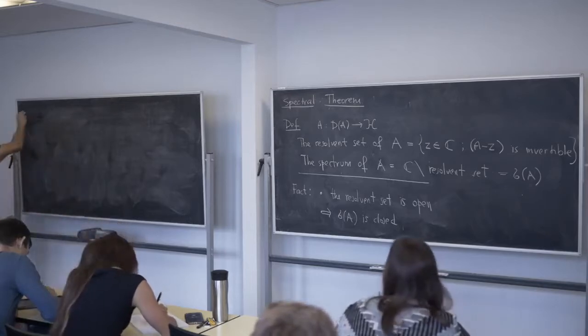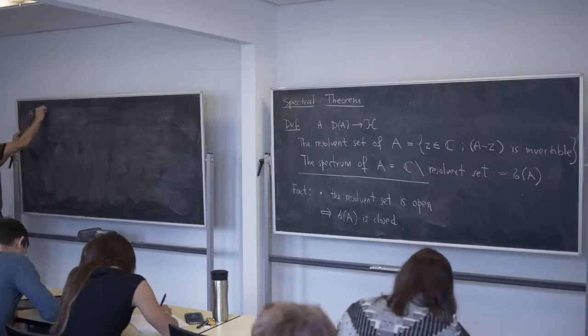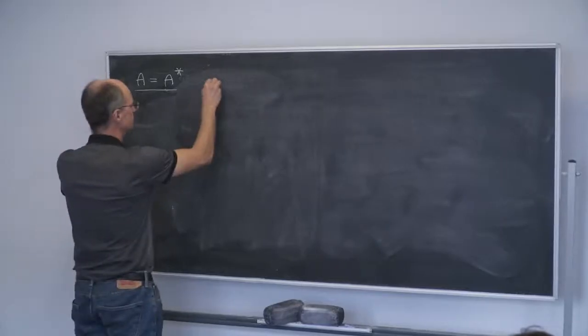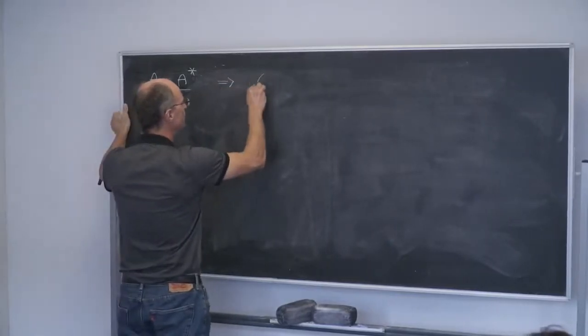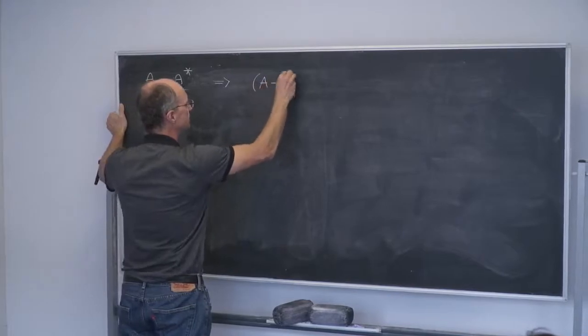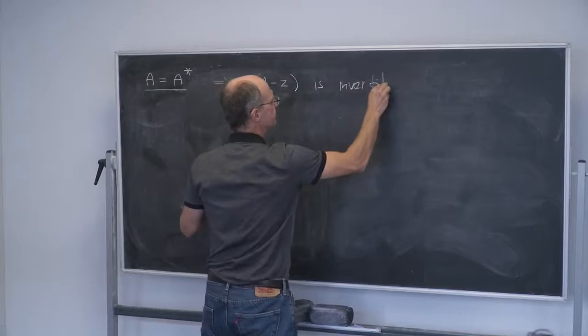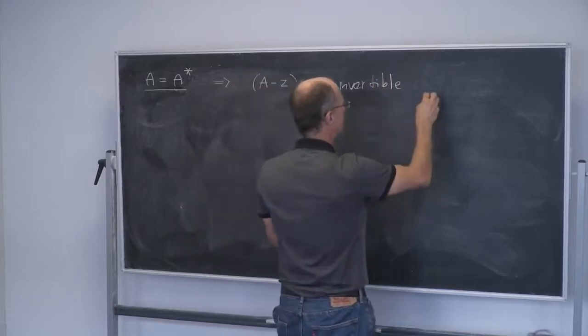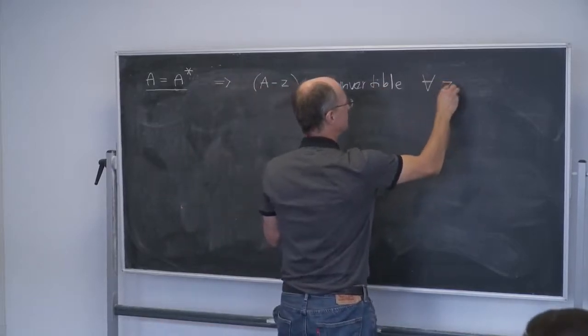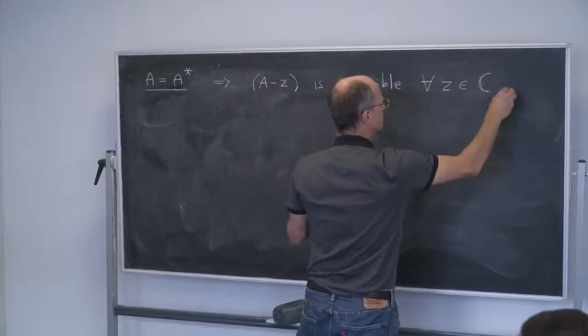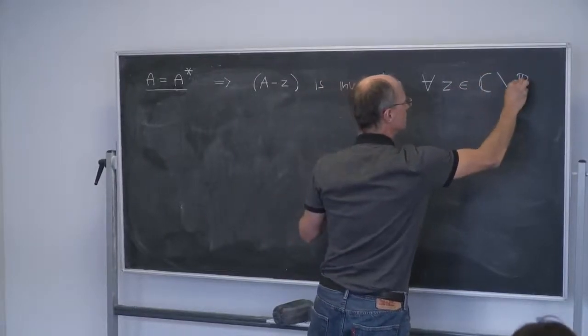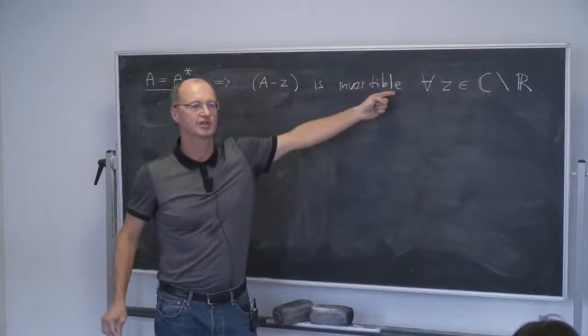Now, if A is self-adjoint, then we know that A minus z is invertible for all z outside the real line.